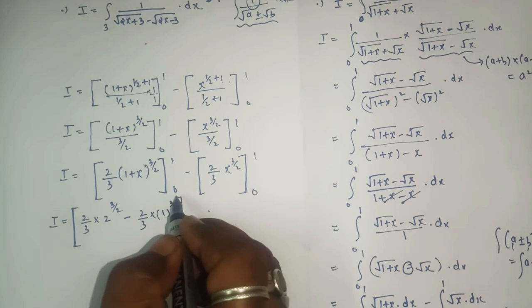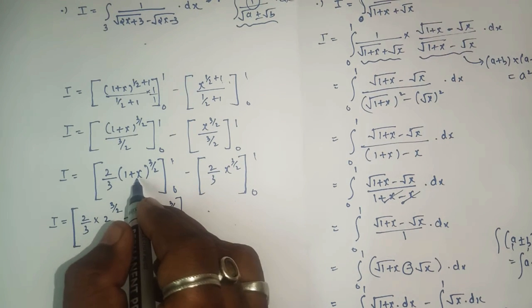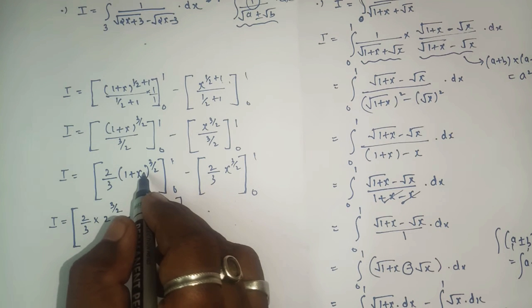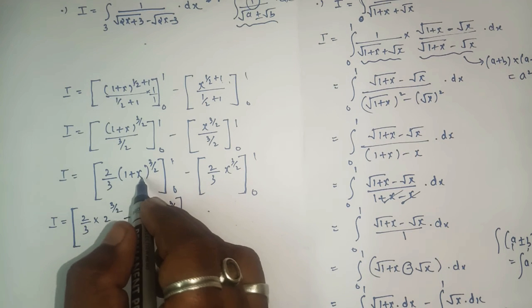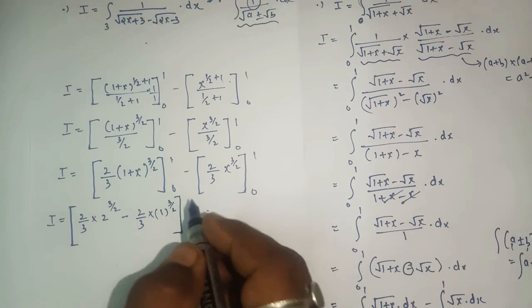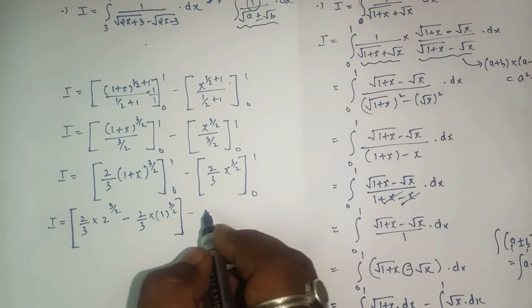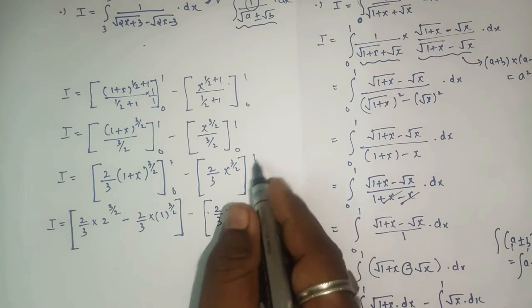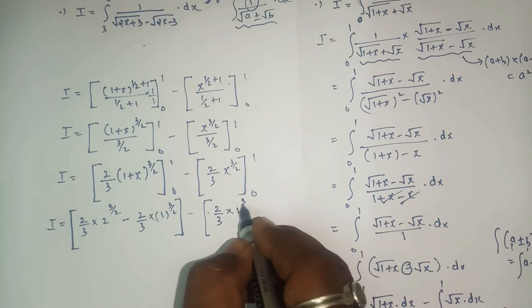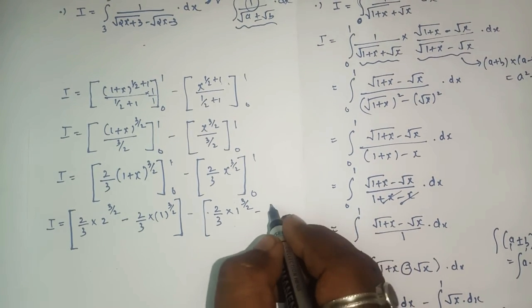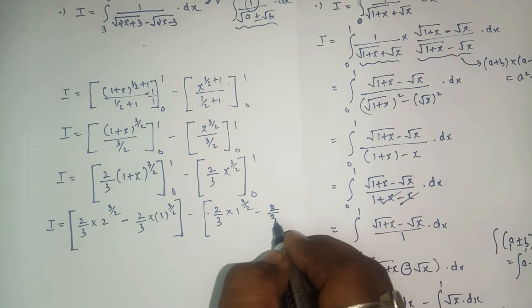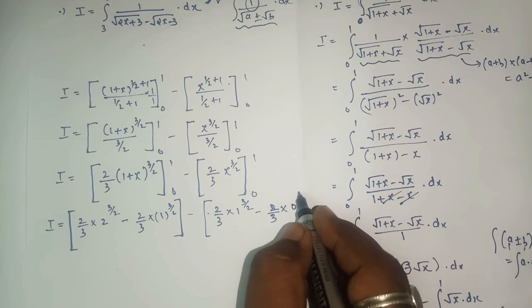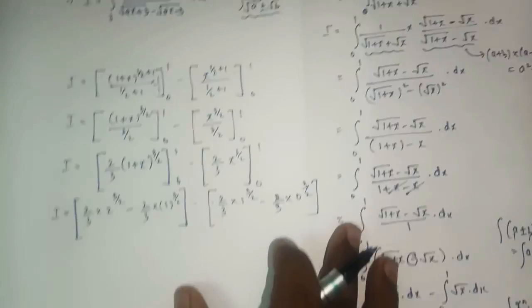Then you will write minus, then substitute the second number, that is the lower limit, so 1 plus 0 will be 1, so 1 raised to 3 by 2. Here also, 2 by 3 into, first you will put 1, so 1 raised to 3 by 2, minus you will put 0 raised to 3 by 2.